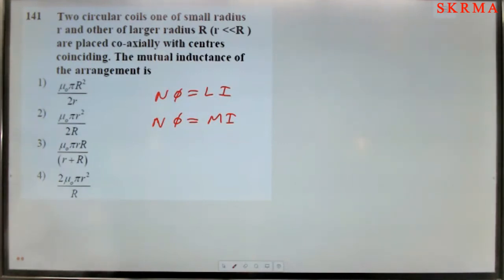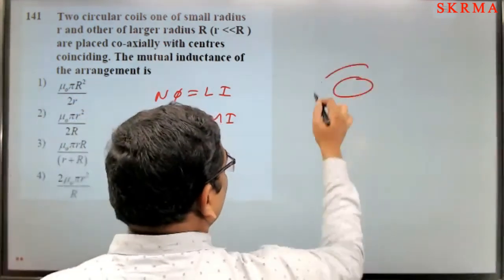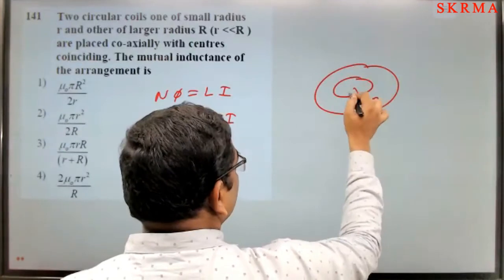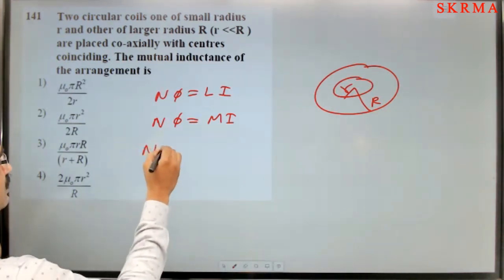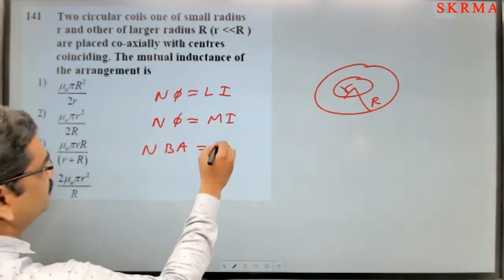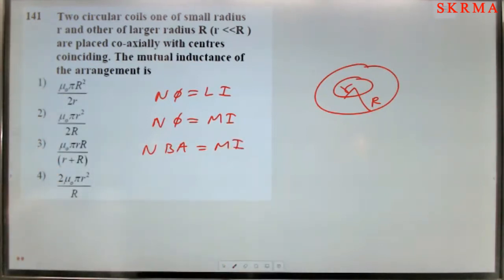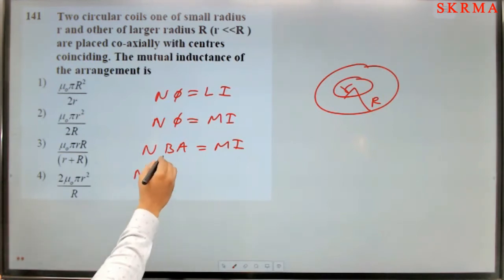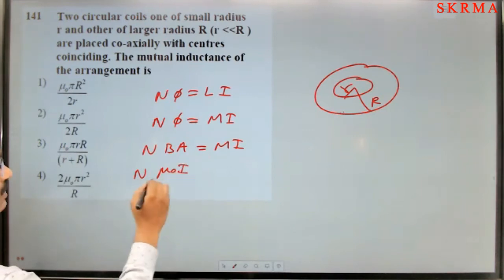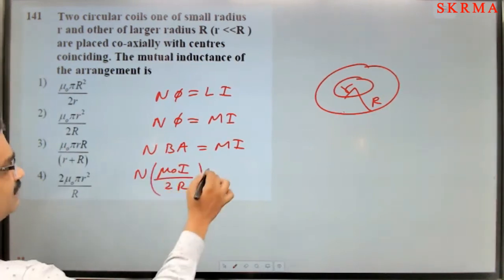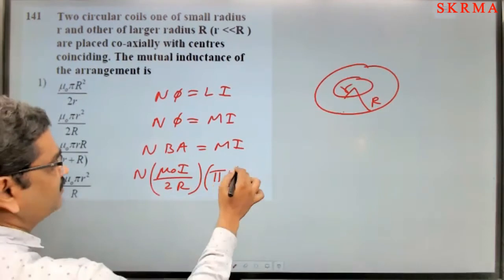So what is the phi value? Small radius is small r, and the outer radius is capital R. So phi can be written as B dot A, N into BA equal to M into I. What is the magnetic field due to the outer coil? Mu naught into I by 2R. Area of the inner coil is pi r square.